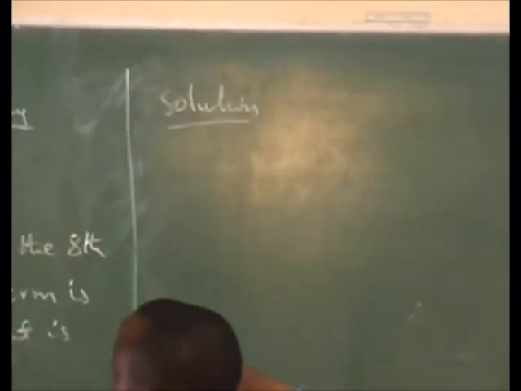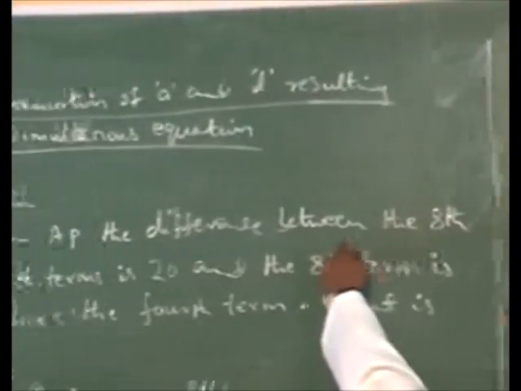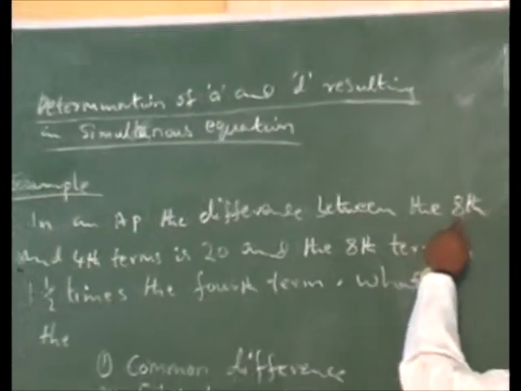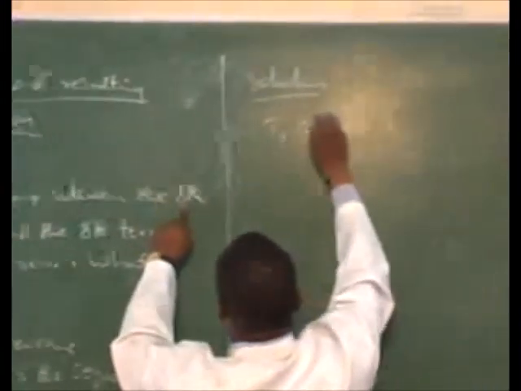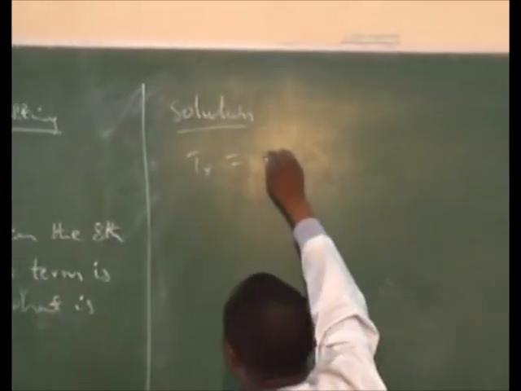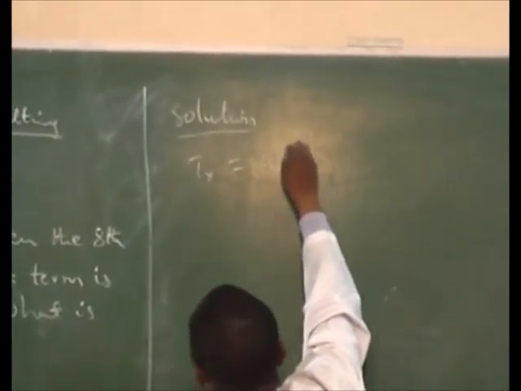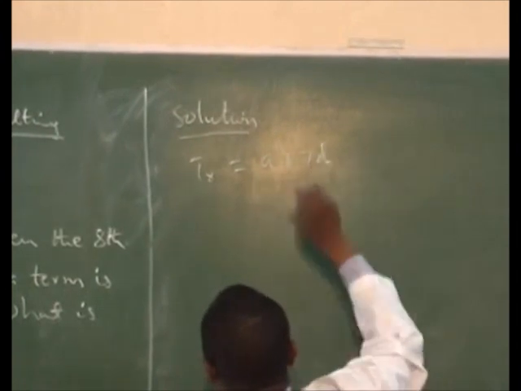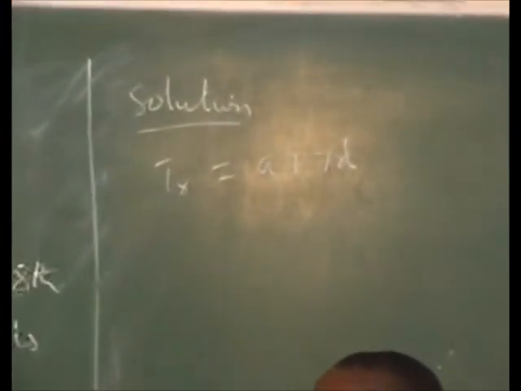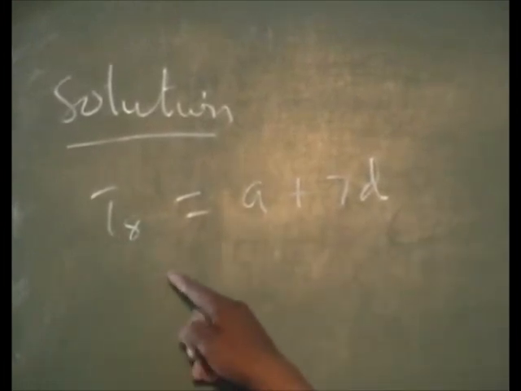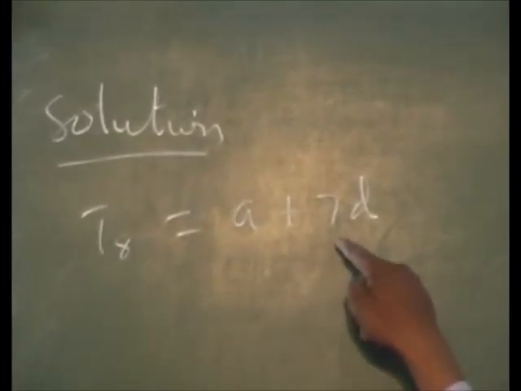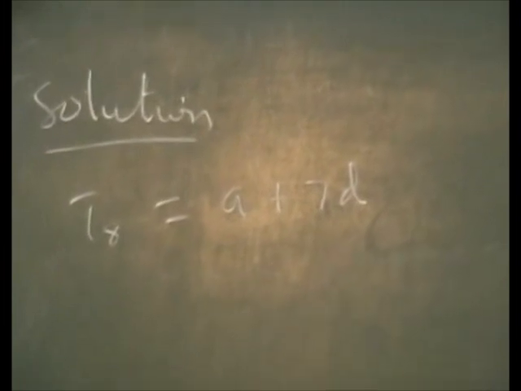The question says that the difference between the 8th term, so we have T8, will be equal to A plus 7D. We know that from what we started. It must be 1 less than the 10, so 7D, that is 1D less than the 10.